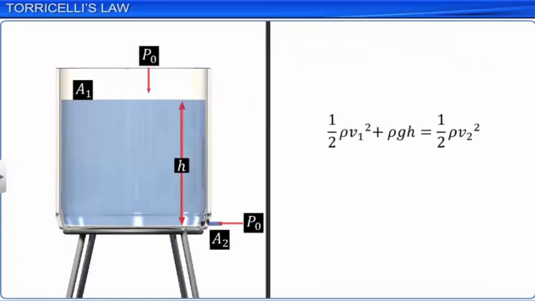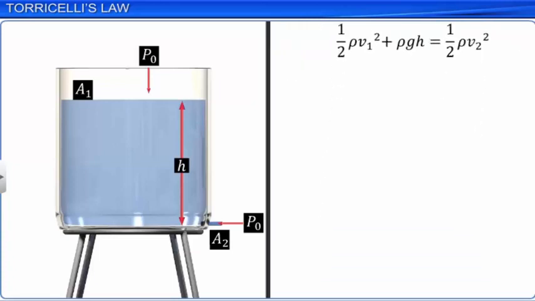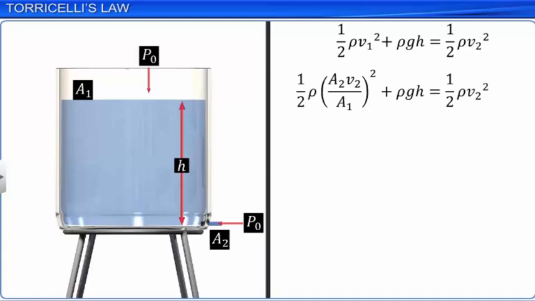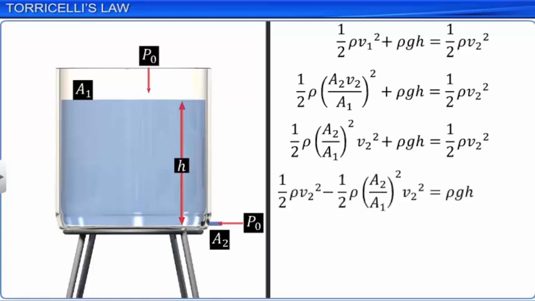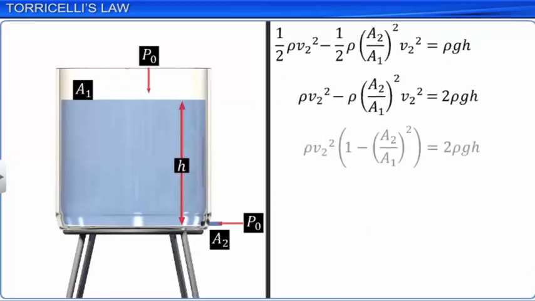and simplifying, we get equation 3 as V2 square multiplied by 1 minus the square of A2 by A1 is equal to 2GH.